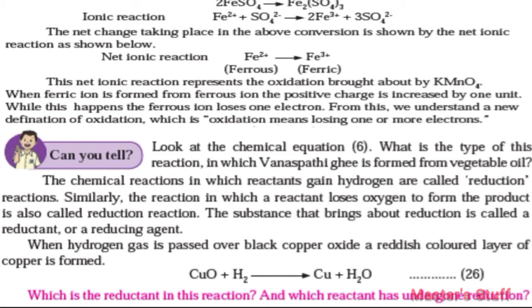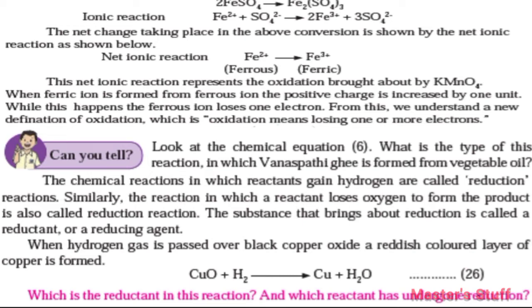The net ionic reaction is Fe2+, that is ferrous, gives Fe3+, that is ferric. This net ionic reaction represents the oxidation brought by KMnO4. When ferric ion is formed from ferrous ion, the positive charge is increased by 1 unit.